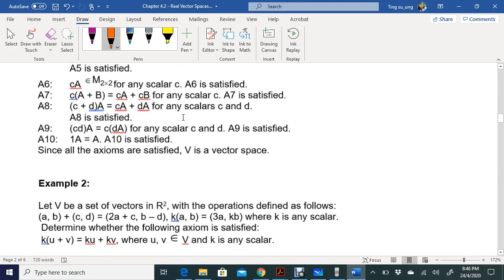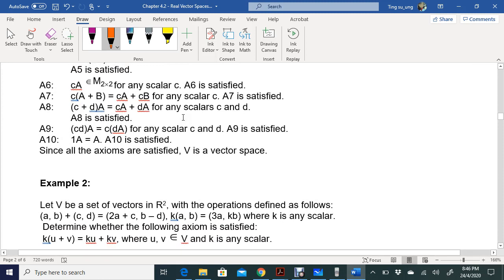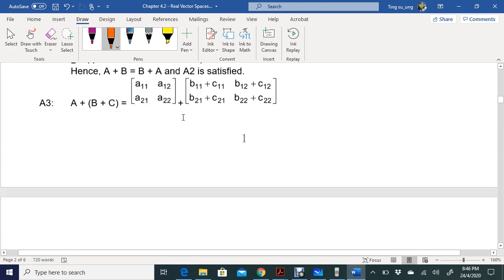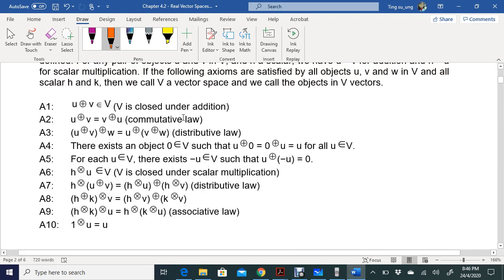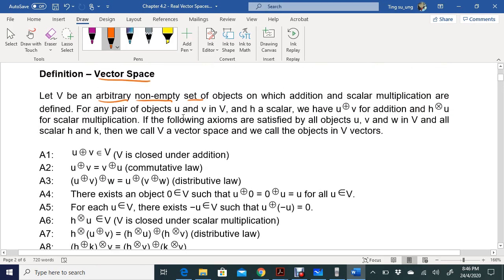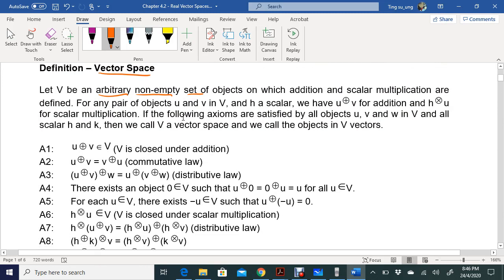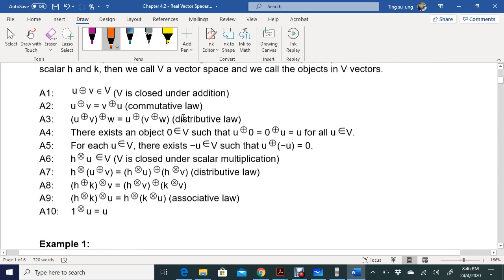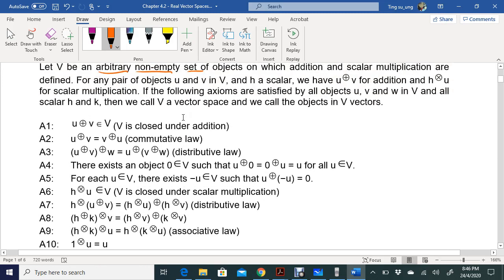Now, just before I forget, to prove a vector space, you will need to fulfill all the axioms involved, A1 until A10. But to show it is not a vector space, you only need to have one of the axioms rejected, not satisfied or not fulfilled.